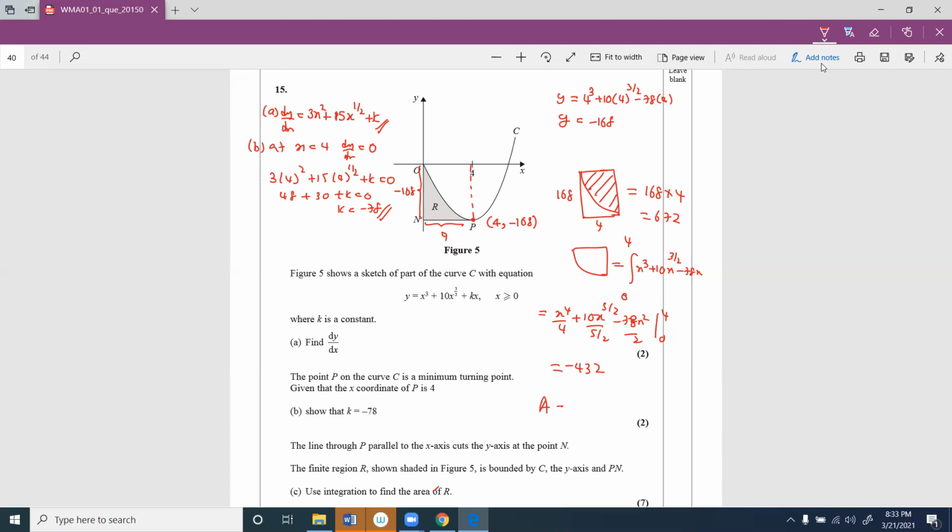Therefore, you can find the total area R. R is 672 minus 432, which is 240, sorry. Area should be 240 units. That's the way of getting this answer.